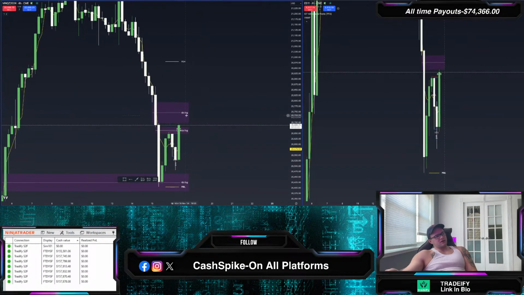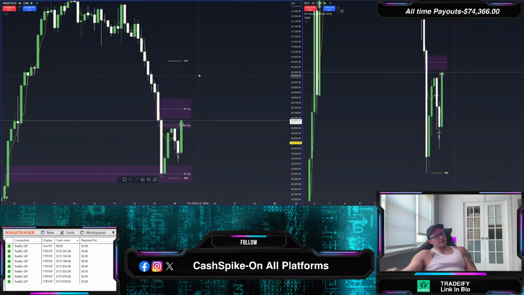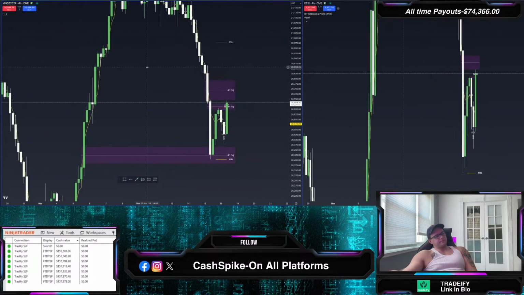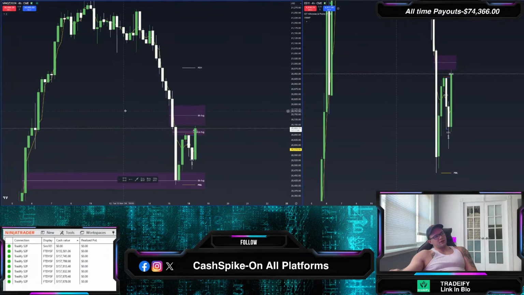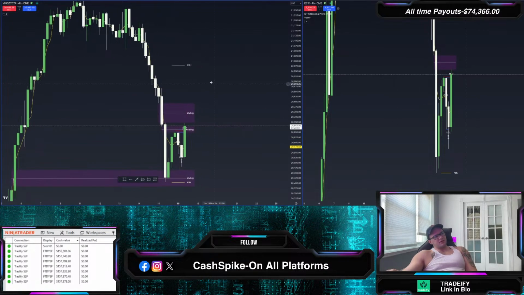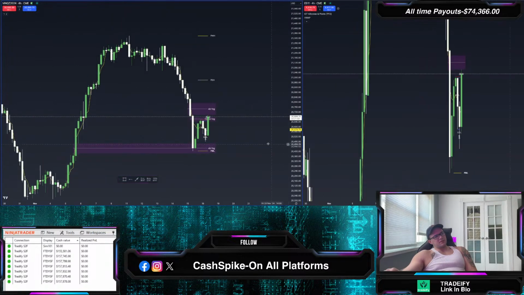So this fair value gap I got here, if it gets inversely filled, most likely the price is gonna continue going up, which is a good thing. You had many fair value gaps and price is gonna continue going up like this. It's a bit more clear.